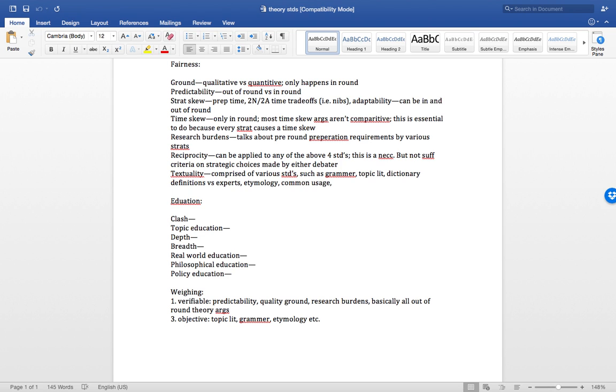Second is topic literature. Third is source of definition. Fourth is etymology. And fifth is common usage. Okay. Those were not given to you in terms of order of importance. So don't take that as grammar is the most important and topic lit's the second most important, etc.